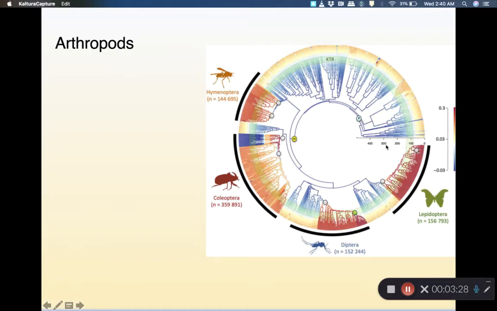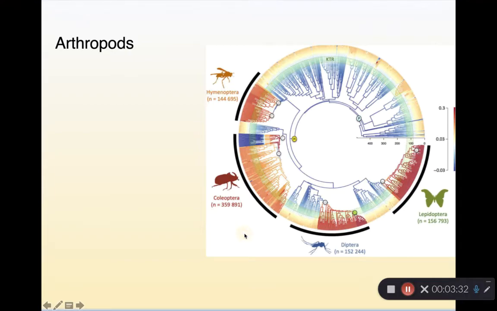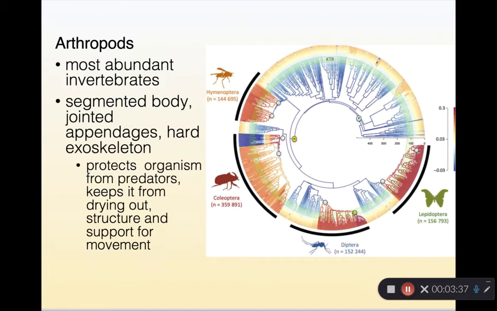So the clade that is by far the most abundant is arthropods. So these are insects. So they are by far the most abundant invertebrates on Earth. They have a segmented body, jointed appendages, and hard exoskeletons.